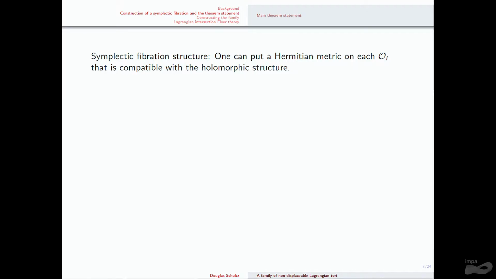So to put a symplectic form on this fiber bundle that you can vary, but not vary too much, if that makes sense: let's say you can put a Hermitian metric on each of the line bundles that is compatible with the holomorphic structure.